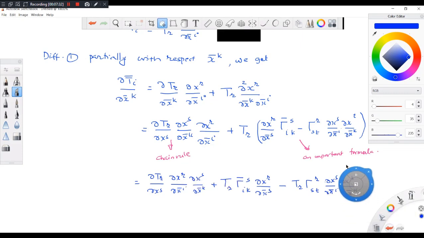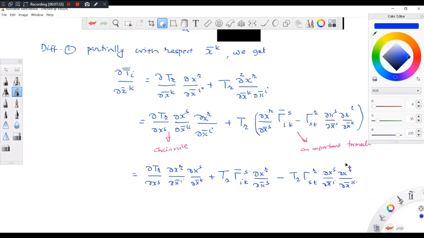So I expanded it and wrote it like this.